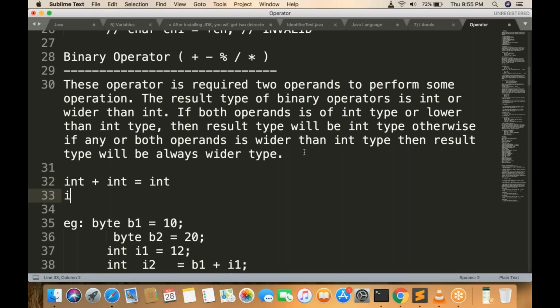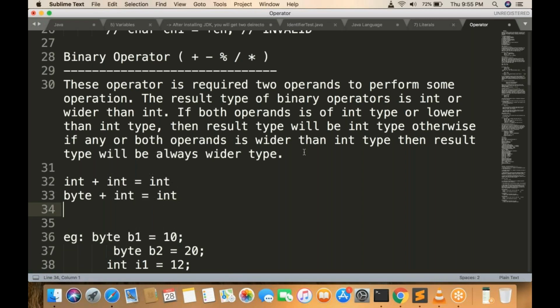If you have byte plus int, then what will you get? Int. Clear, or any doubt? Byte plus byte, suppose.